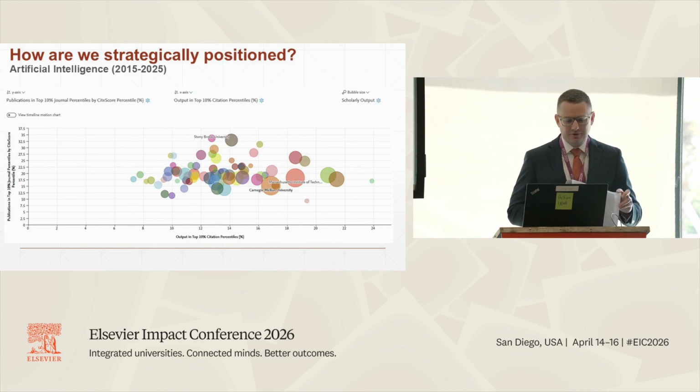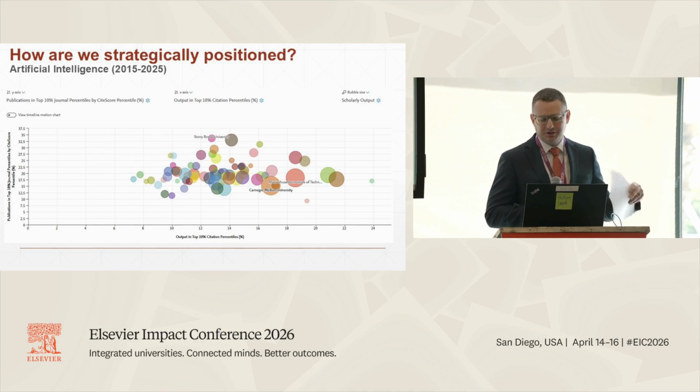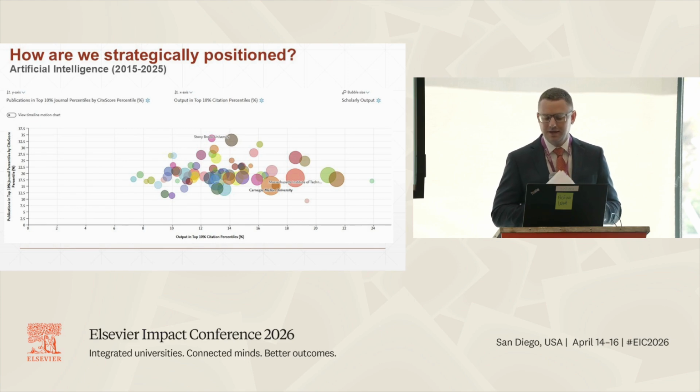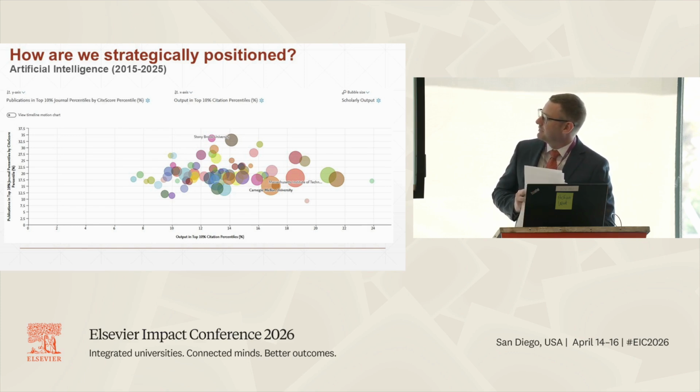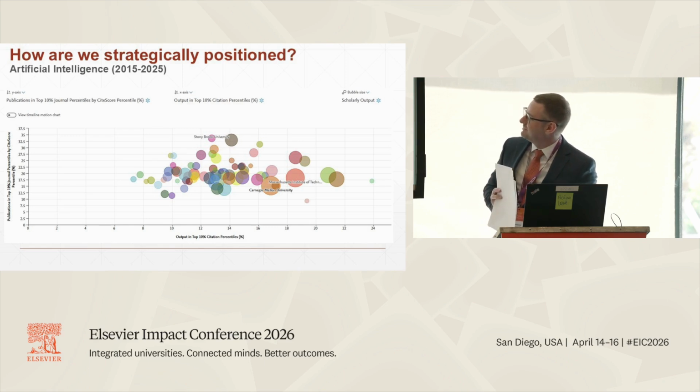Here we can add a third dimension. It's the same X and Y axis, but we've changed the bubble size now to be the volume of impact. So you can see, compared to our previous slide, CMU and MIT are right next to each other, they're labeled right there.